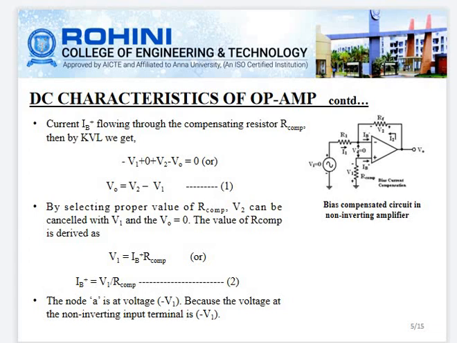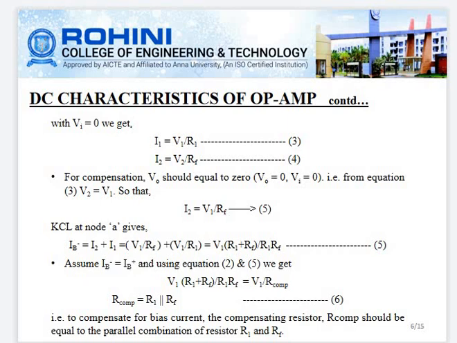The value of compensation resistance is derived as V1 equal to IB plus into R compensation, so IB plus equal to V1 divided by R compensation.